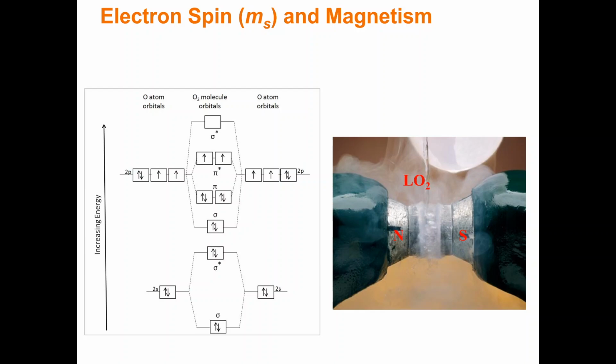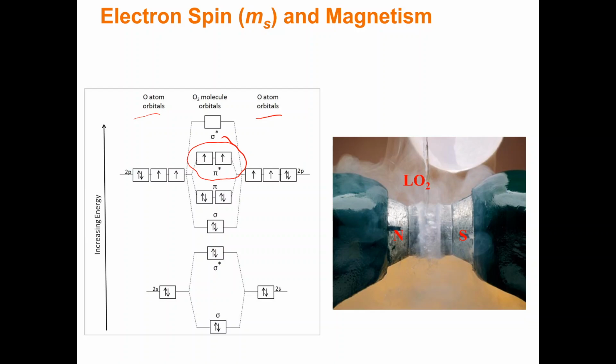Okay, so this is what we call the molecular orbital diagram, and you don't have to know how to draw these for this class, but just to show you, in its highest orbitals, we have unpaired electrons. So here we have two oxygen atoms coming together to form O2, and we combine their orbitals and we put in their electrons. And one possible configuration for this is that we have this triplet state, where we have these unpaired electrons.